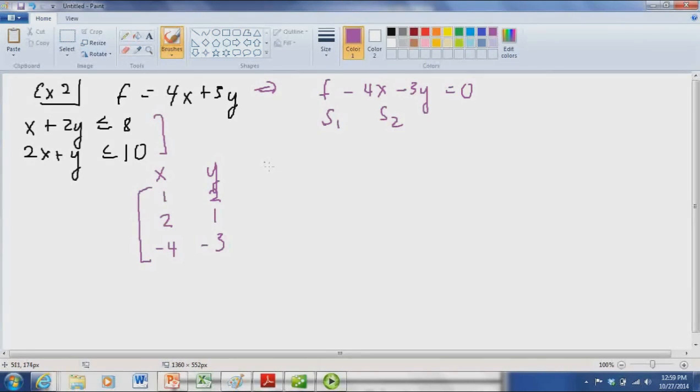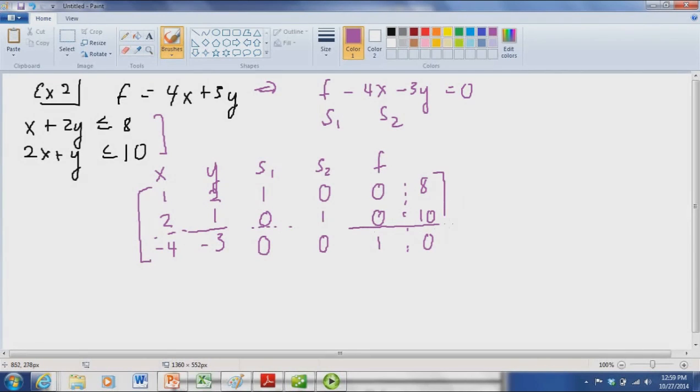So I'm going to go right into S1 with a 1 and a 0 and a 0. Then S2, which is going to be a 0, a 1, and a 0. Going on to F, which is always 0, 0, and then the last would be a 1. And then what are our constraints? 8, 10, and 0. That deserves a dash line, and this also gets a dash line going across there. And there is your setup.